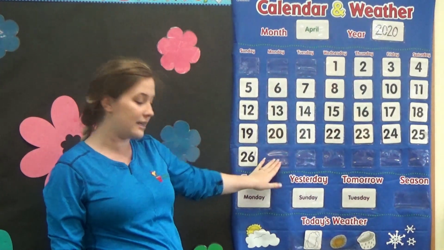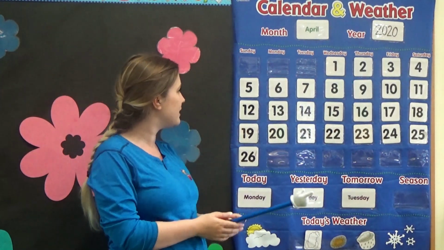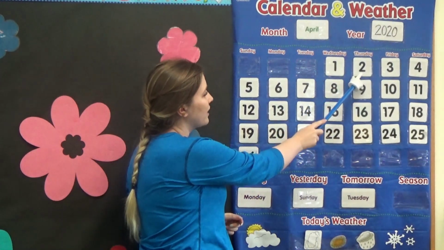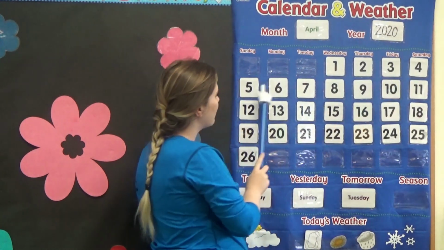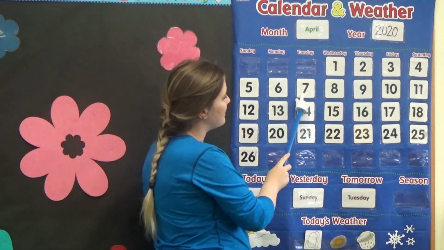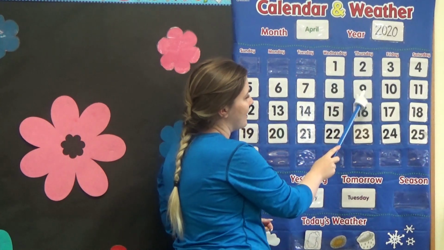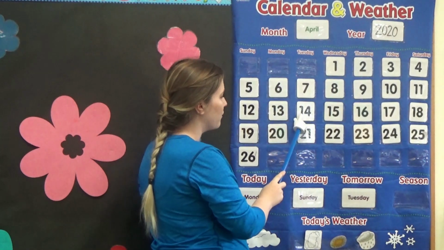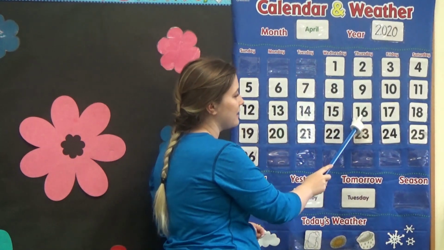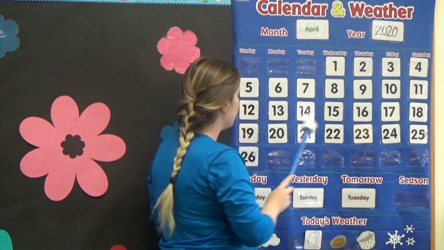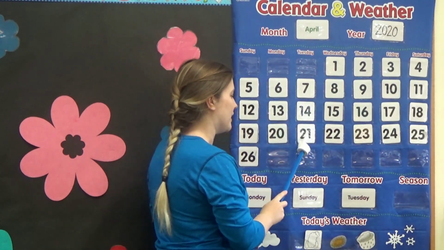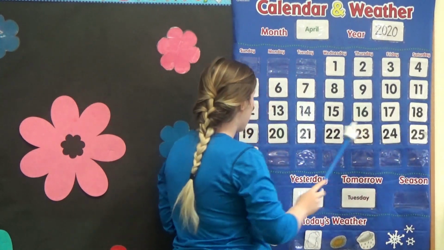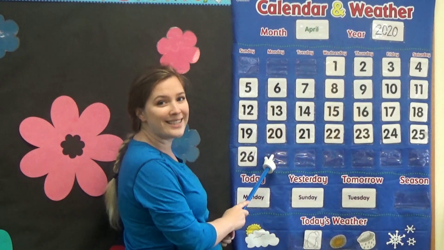So, we know that it is April, and we know that it is Monday, but now we need to figure out what today's date is. So we are going to all count together to see what the date is. Are you ready? 1, 2, 3, 4, 5, 6, 7, 8, 9, 10, 11, 12, 13, 14, 15, 16, 17, 18, 19, 20, 21, 22, 23, 24, 25, 26, 27.